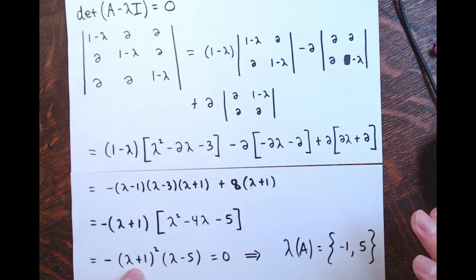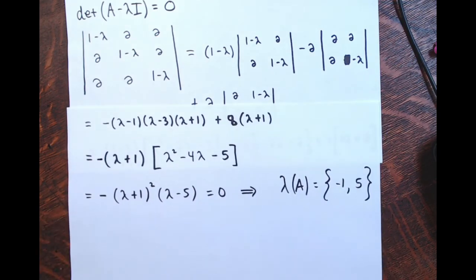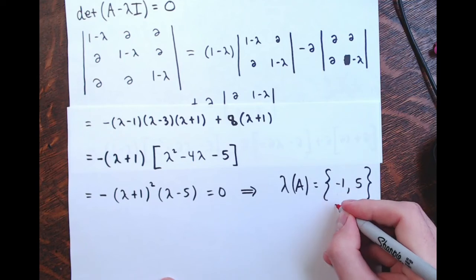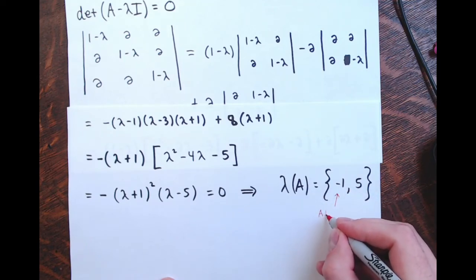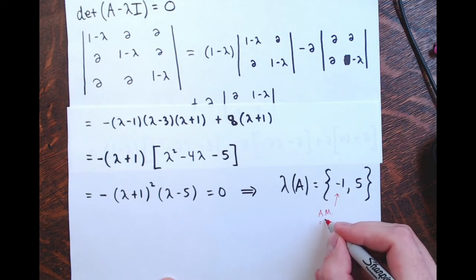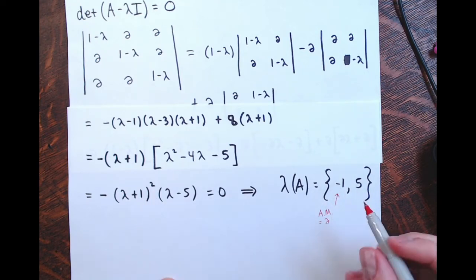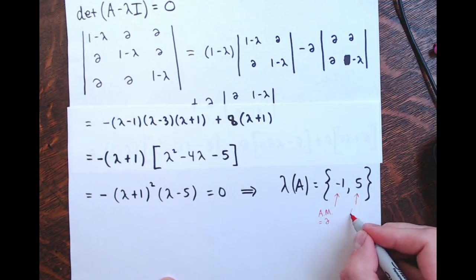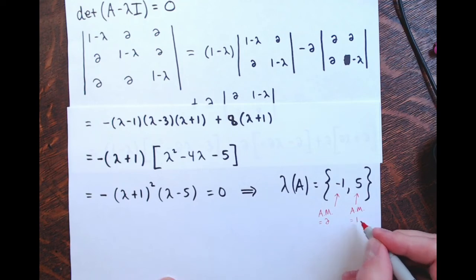Well, when lambda equals -1, so -1 is in the spectrum of A, and when lambda equals 5. And their algebraic multiplicities, I'll just say AM for algebraic multiplicity. The algebraic multiplicity of -1 is 2. And the algebraic multiplicity of 5 is 1.